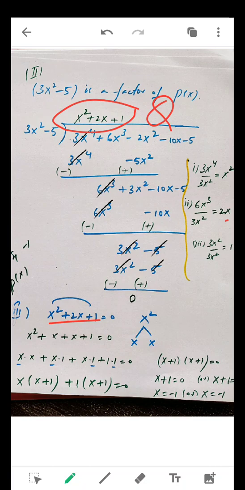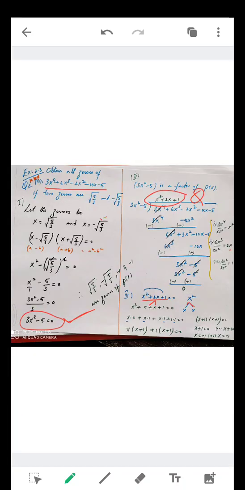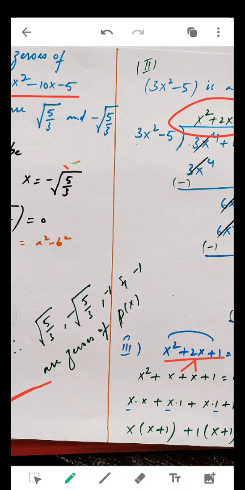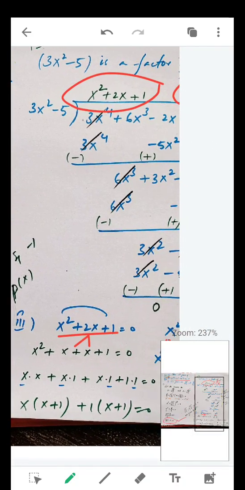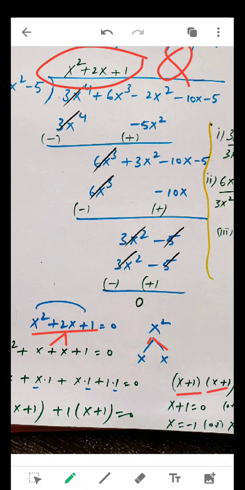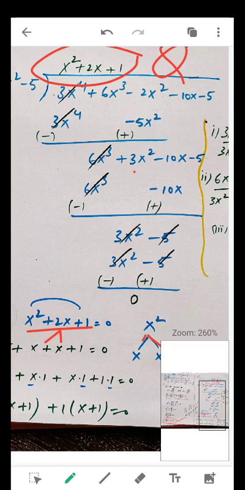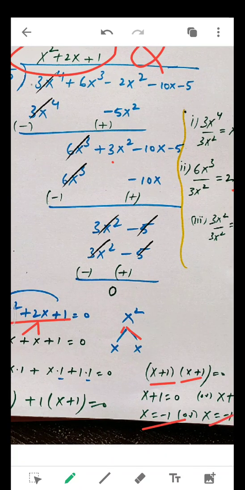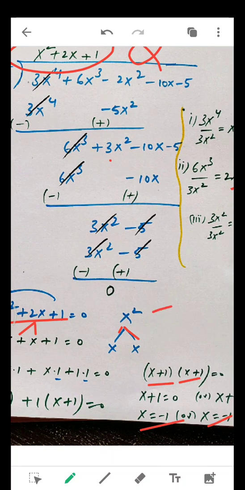So factorizing this x square plus 2x plus 1 by splitting the middle term, I can write 2x as x and x, and after I take common, I get the factors as x plus 1 and x plus 1. So x will be equal to minus 1 and x will be equal to minus 1. That is, this has same roots, equal roots. So finally, just remember, these are the 2 zeros, minus 1 and minus 1.